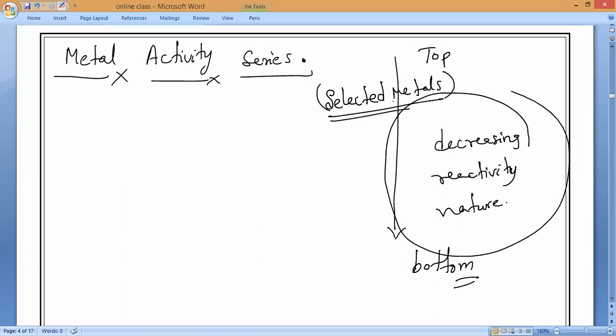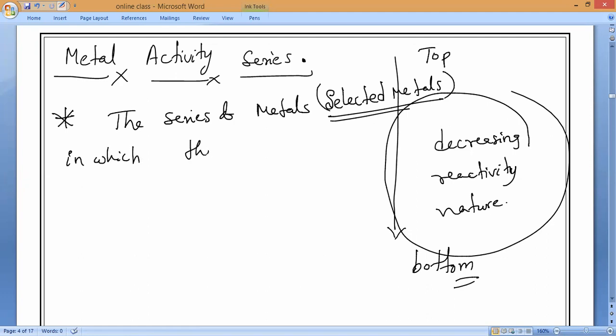Now, what is the metal activity series? Write the definition. The series of metals in which they are arranged.